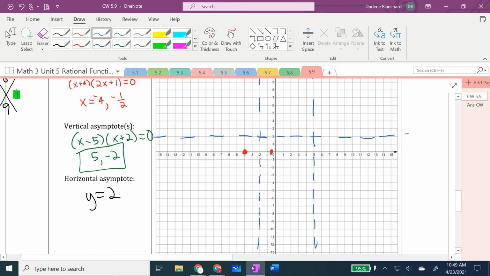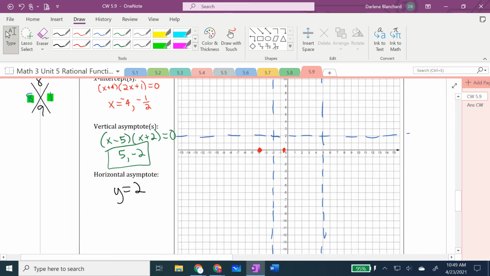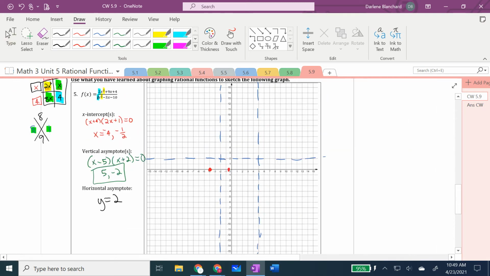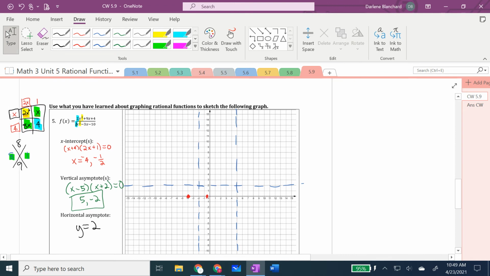It is your choice if you want to make a number line and figure out the positive, negative issues, or if you want to plot points. As we are at the end of this, I want you to decide how you're going to go about finding this and determining what's going on with these asymptotes.